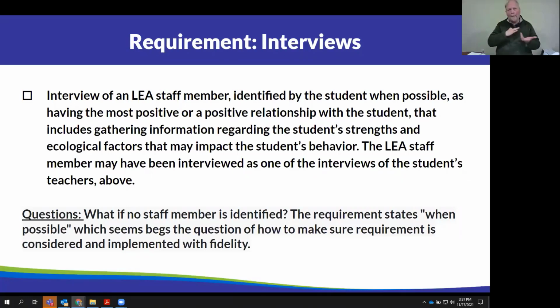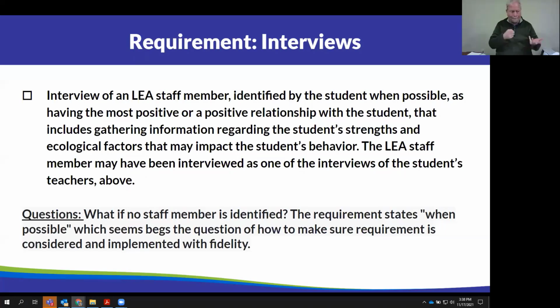The problem here is, if you're not able to identify a staff member that has any kind of positive relationship with a student, start thinking about what that kid's school day is like. And maybe the concern isn't within the student. Maybe the issue is a climate and culture issue in your school, if you're unable to find one staff member that has a positive relationship with the student.